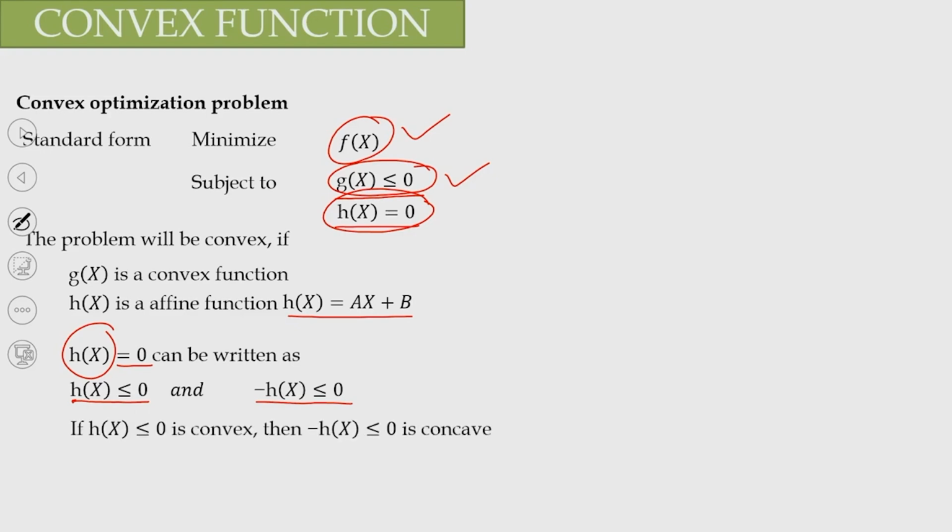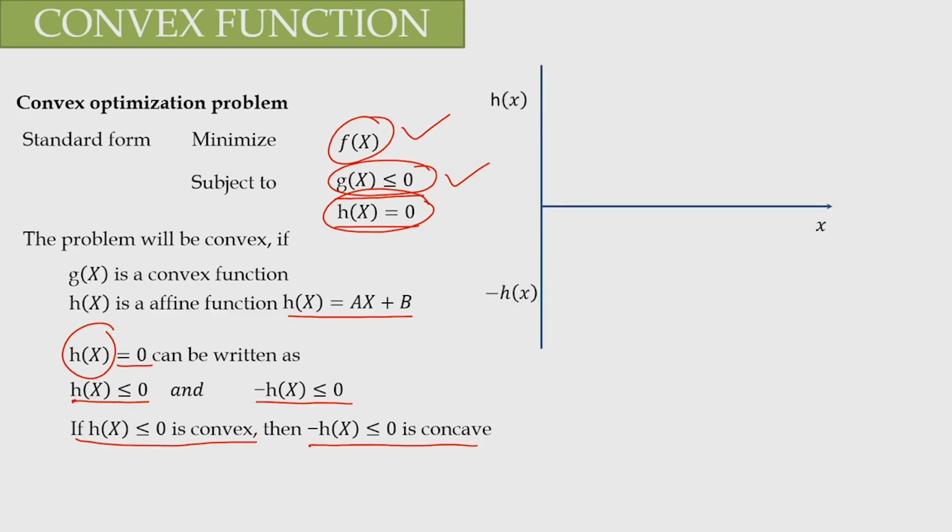Now, if h(x) is convex, then minus h(x) will be concave. So, if you are putting a convex function along with a concave one, this will not be convex. Let me check that. Suppose this is h(x) and this is negative of h(x).